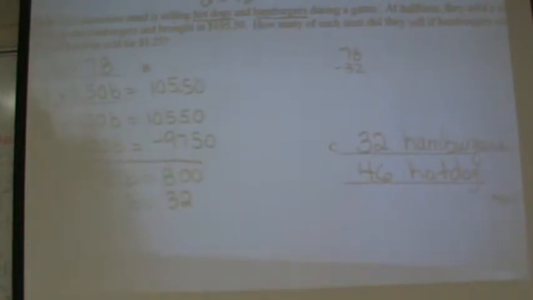We're gonna substitute 32 right here and do what's 78 minus 32. 46 hot dogs. Good? Okay, now, I want you to go to the homework, and I want you to set up number 5.